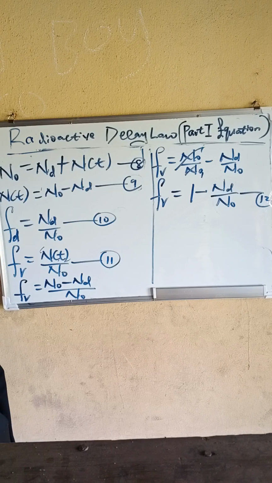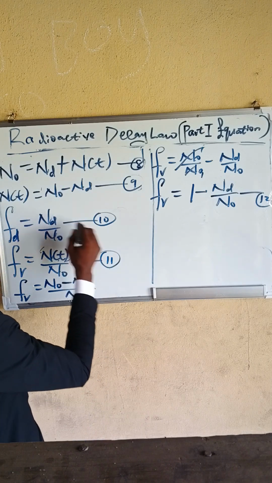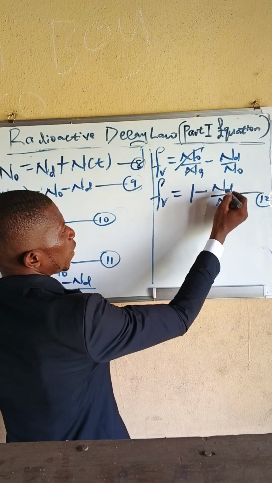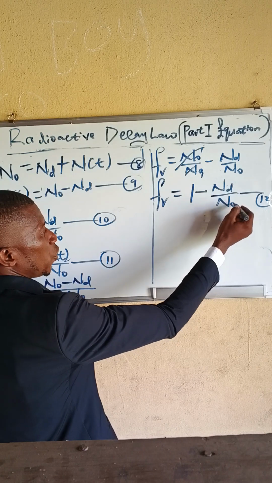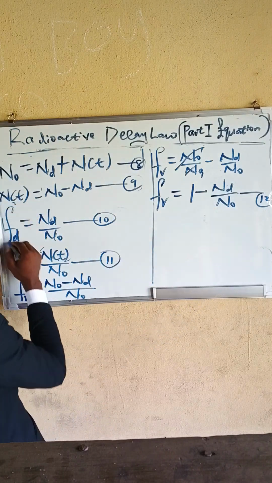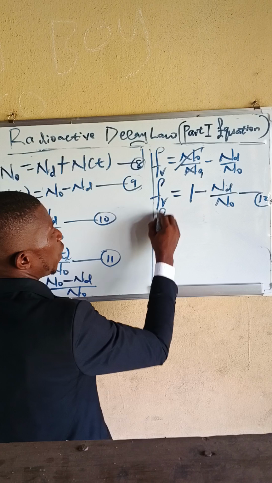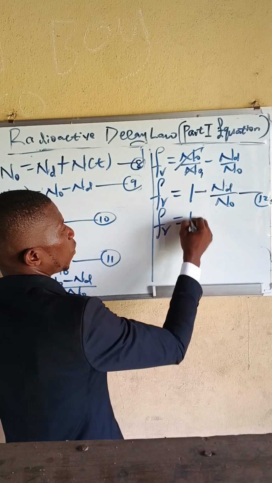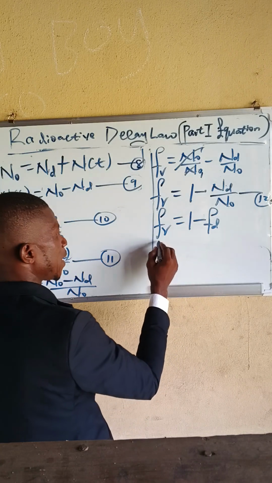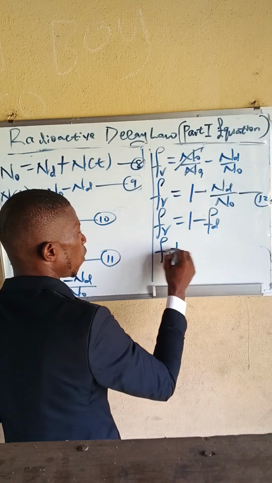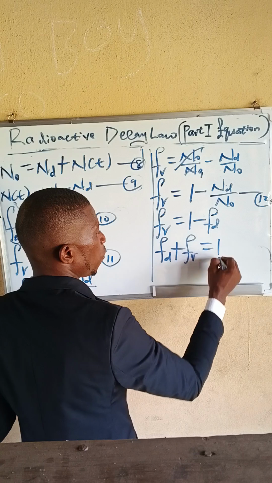So I'm going to substitute equation 10 into equation 12. Wherever you see nd over n naught, the number of nuclei decayed over the original number of nuclei, you put fraction decayed. So that will give me fraction remaining is equal to 1 minus fraction decayed. In that case, fraction decayed plus fraction remaining will give you 1.